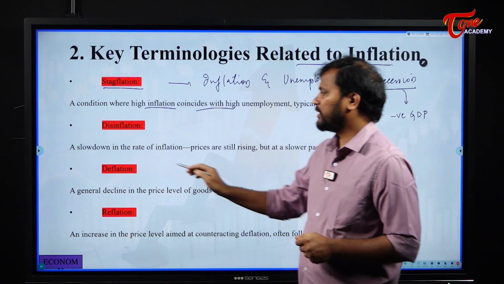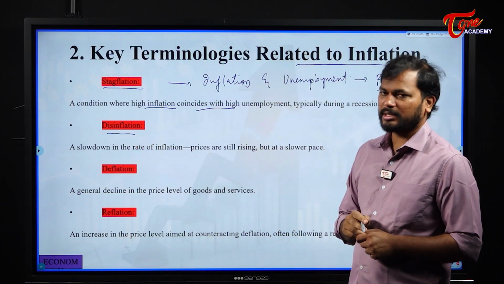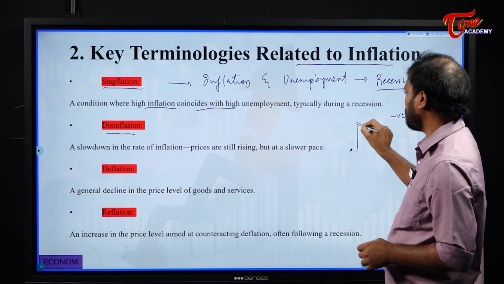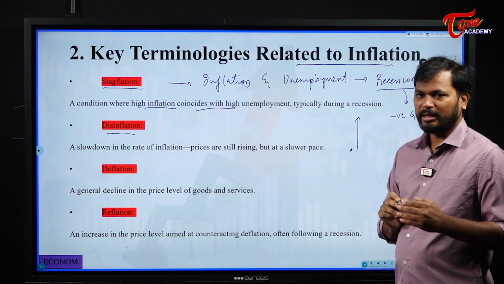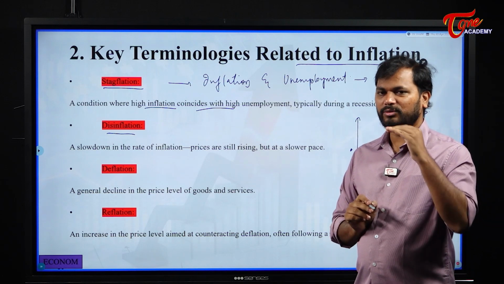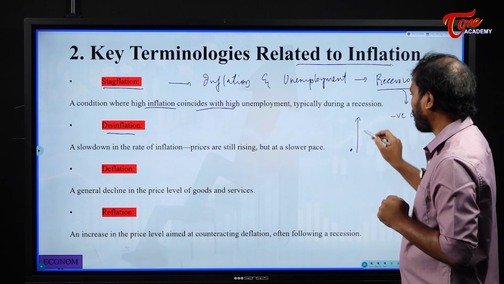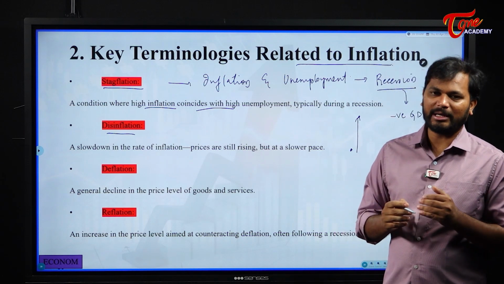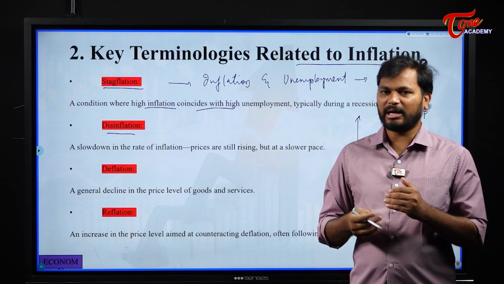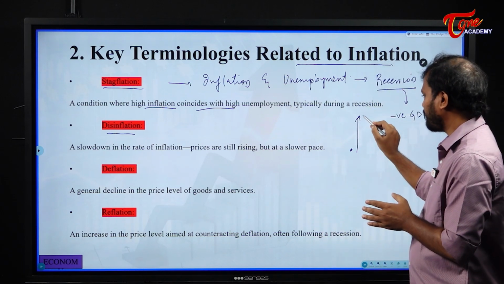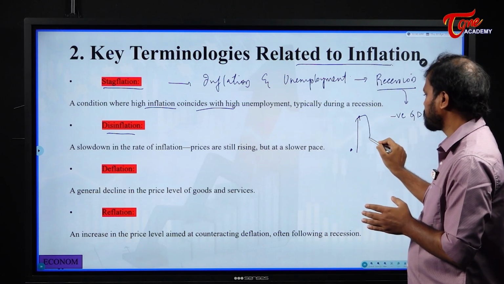Next, disinflation. Disinflation is when there is an increase in inflation, an increase in the general prices of goods and services. But after a certain point, because of certain steps taken by the government and by the RBI through monetary policy and fiscal policy, the level of inflation comes down.